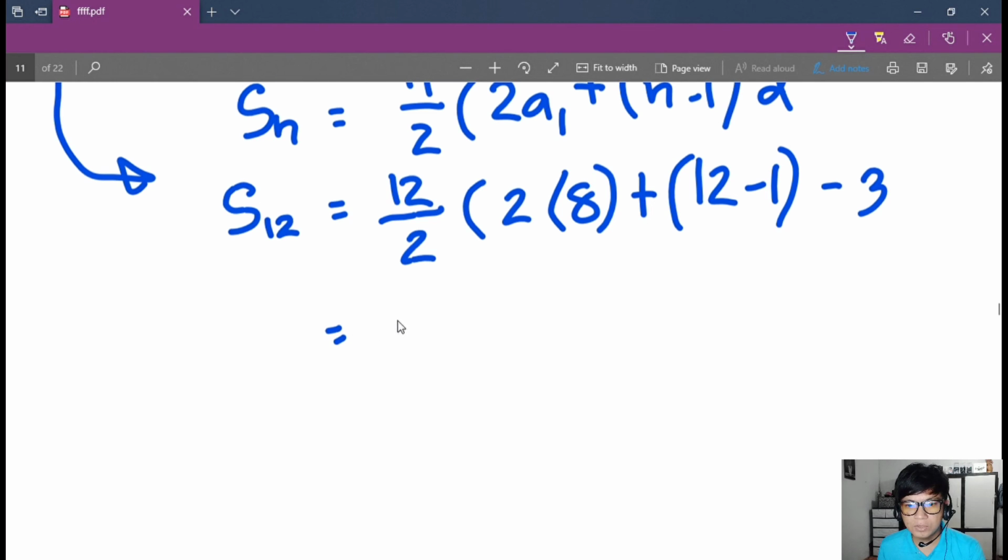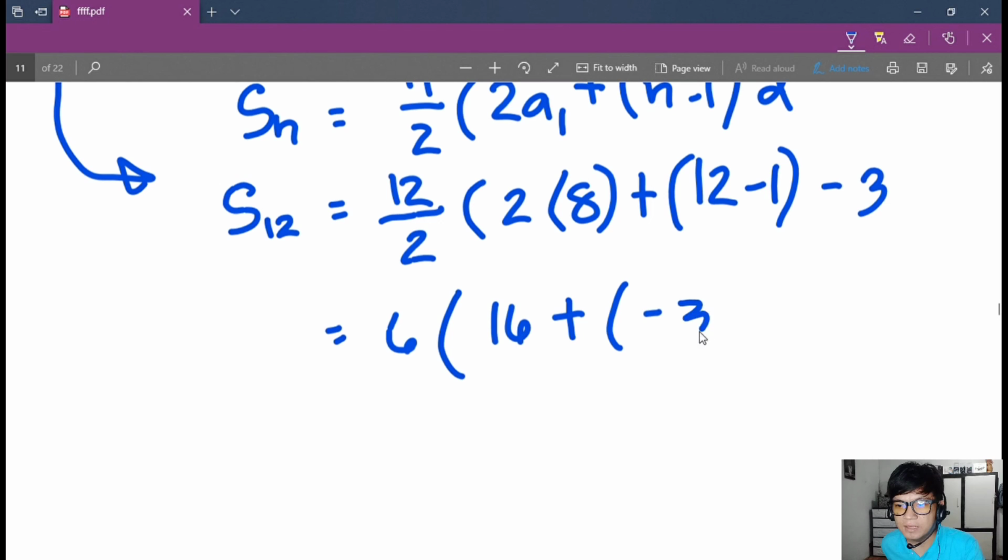So 12 divided by 2 is 6 times ito, pwede na yan i-multiply, 16 plus 12 minus 1 is 11 times negative 3. Multiply na natin kaagad. 11 times negative 3 is negative 33. So 6 times 16 plus negative 33.